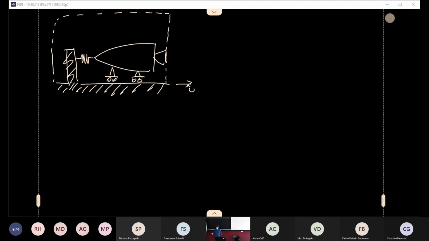And we are in an environment where pressure is the atmospheric pressure. So we have PA here, PA, and PA. And the environment is at rest. Nothing is moving, except that we have a jet, but it's outside of our control volume.